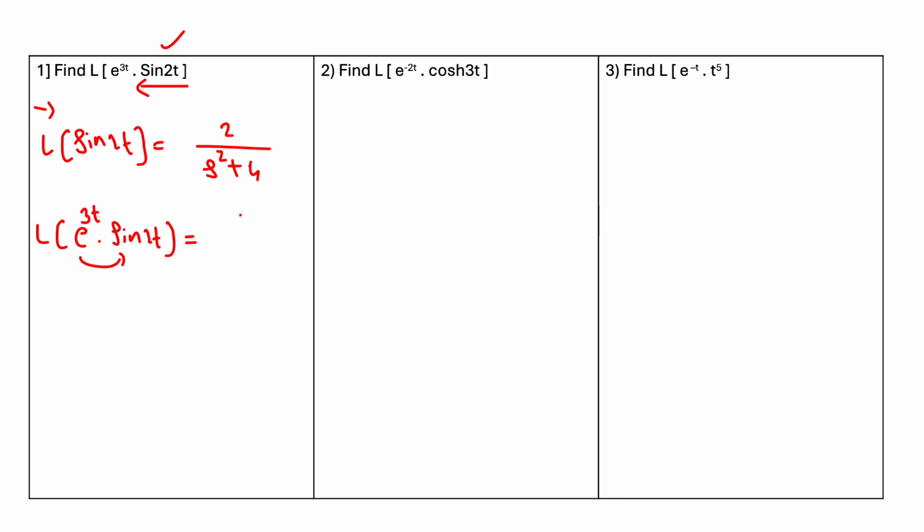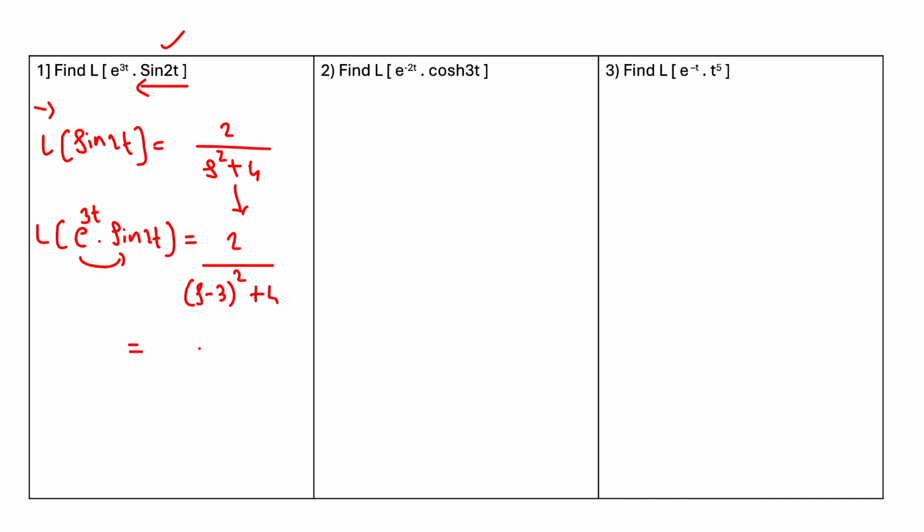So you have to just replace s by s minus 3 in this Laplace. Means 2 over, instead of s, I am putting s minus 3. Why am I putting s minus 3? Because e raised to 3t is multiplied to sine 2t, and plus 4.